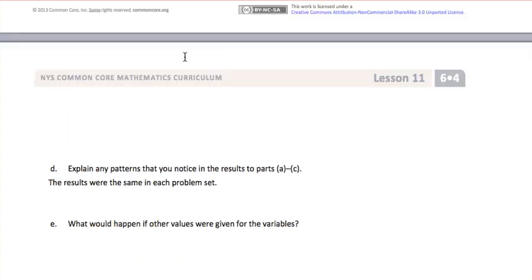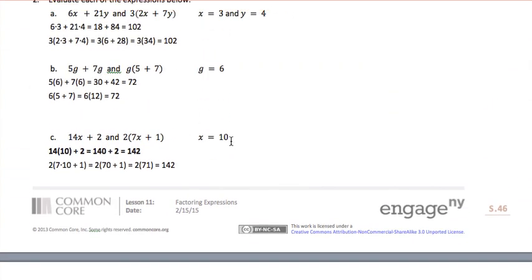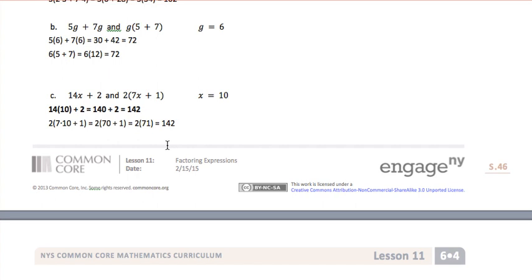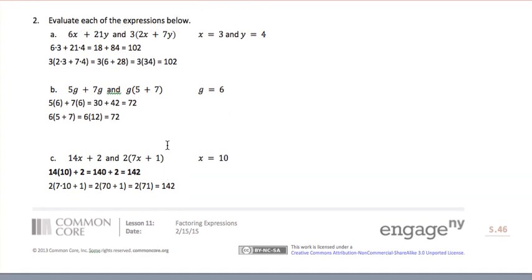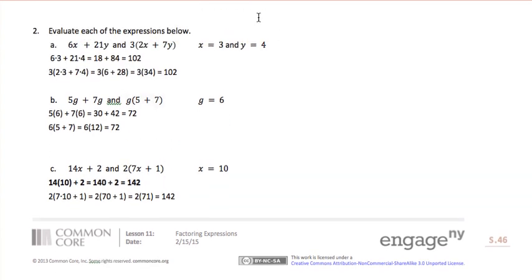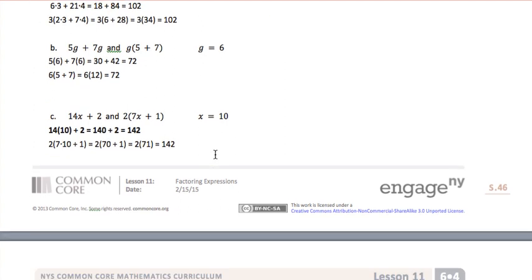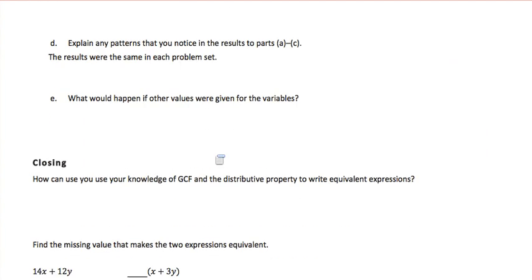So if instead of having x equal 10, if we had x equals 7, would we get the same answer? And hopefully you can see that we do. If you don't see that we can get that, substitute some different values for the variables to prove that it will happen every time.